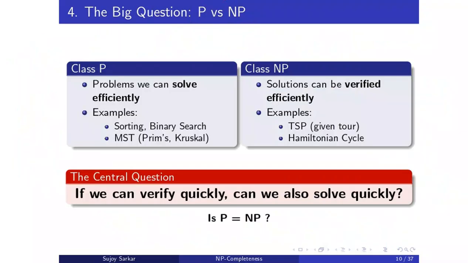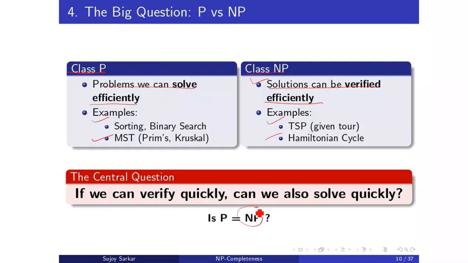The same thing is mentioned here: class P means problems we can solve efficiently, like sorting and minimum spanning tree. Class NP means the solution can be verified efficiently, like TSP and Hamiltonian cycle.